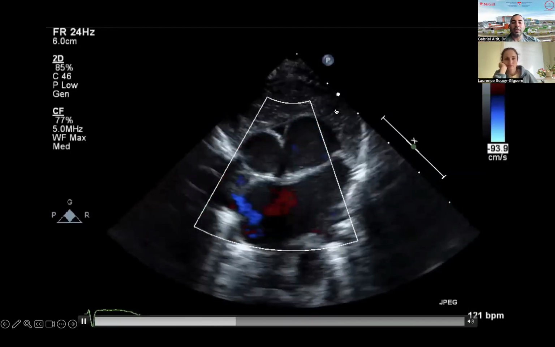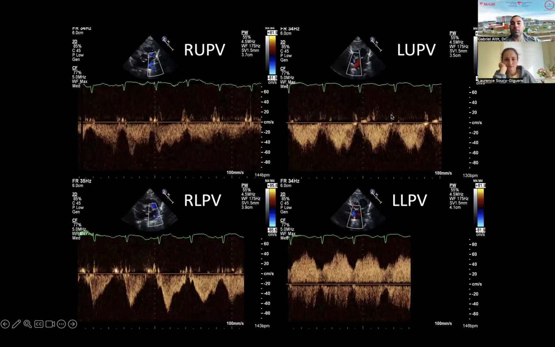Okay. What's important is to then do the Dopplers. If you don't do a Doppler, it means nothing. Okay. So you want to see that these are triphasic, so 1 and 2 and 3, or biphasic, because sometimes the first systolic waves will fuse, so 1 and 2. You don't want them to be at high velocities, okay?